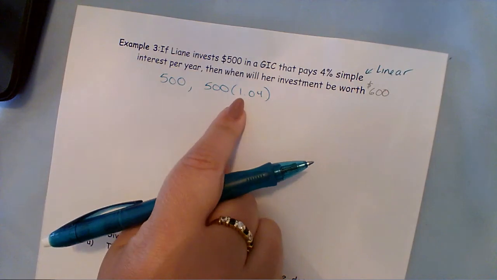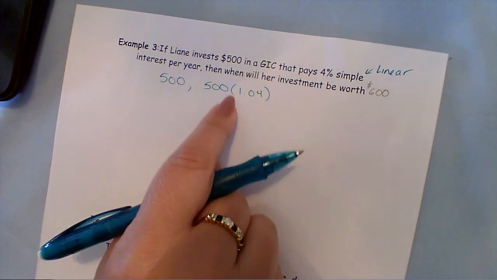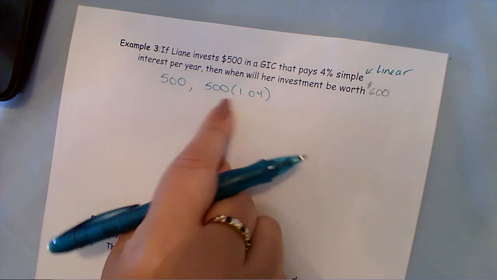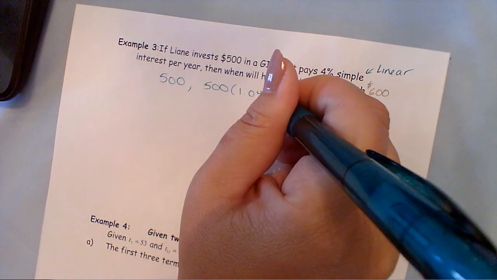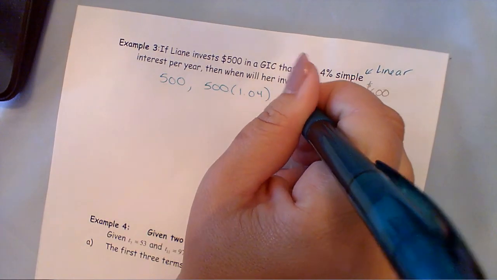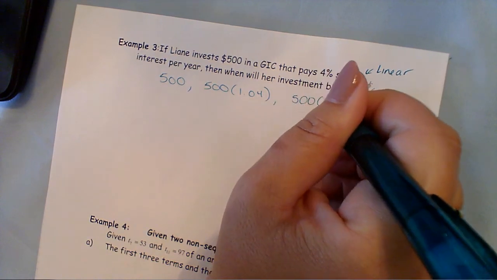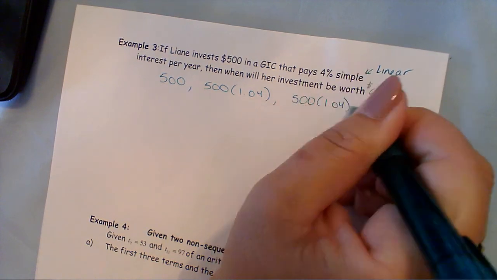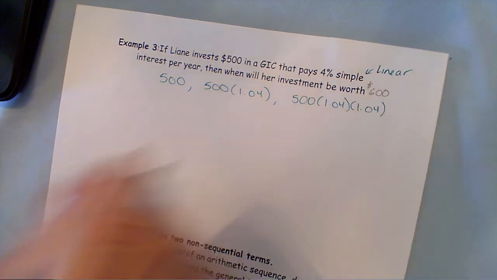Now remember that you put a 1 in front, so 4% is 0.04. You put a 1 in front because it does the adding on for you, just like we do with tax. And then the next year would be 500 plus 1.04, and then another 1.04, right?